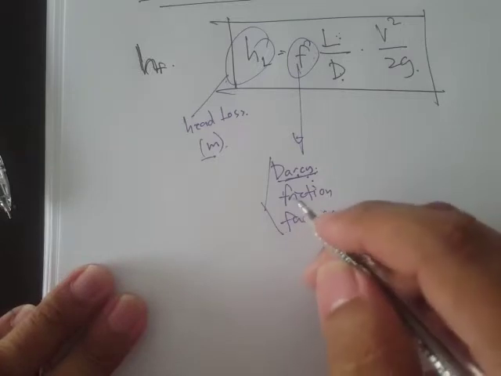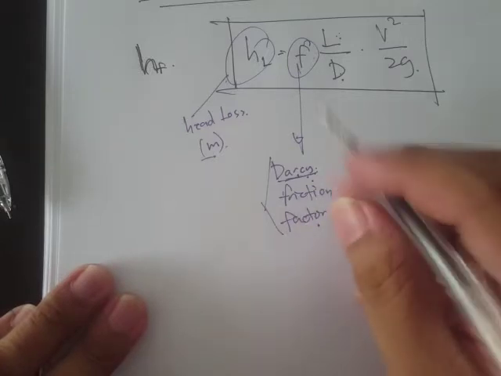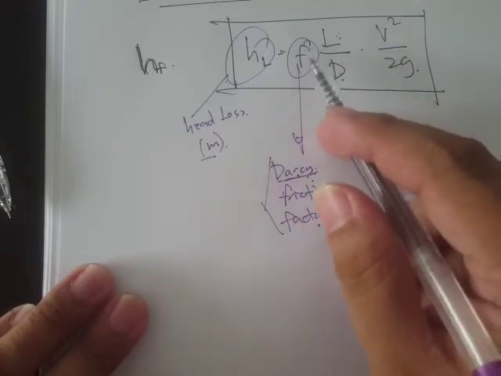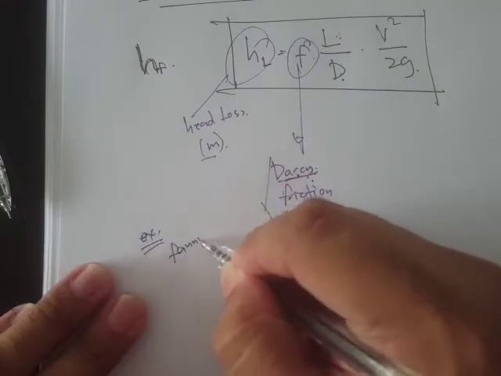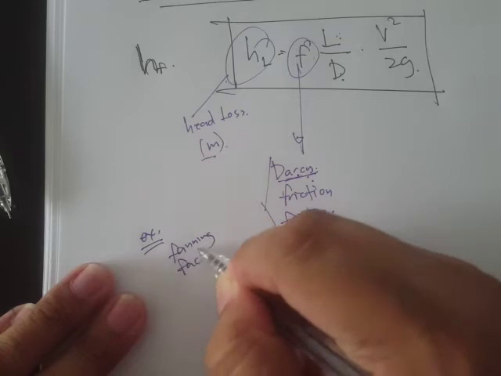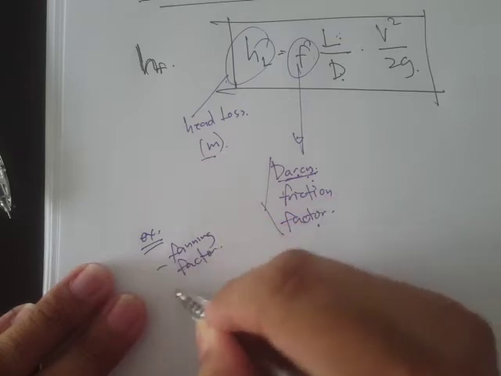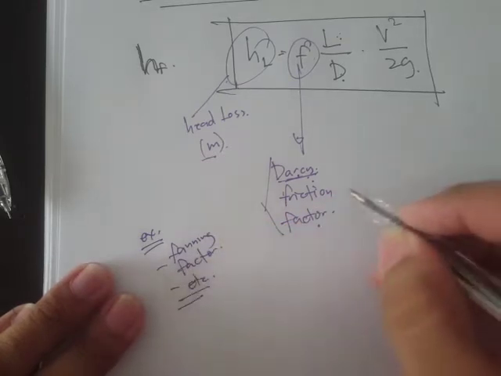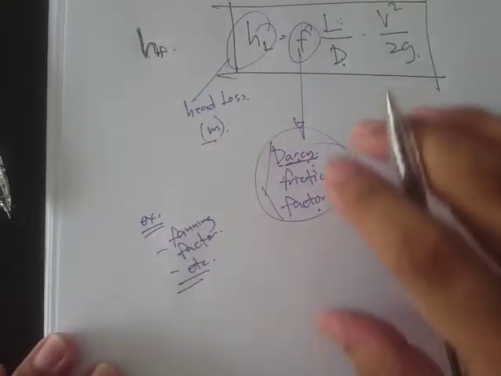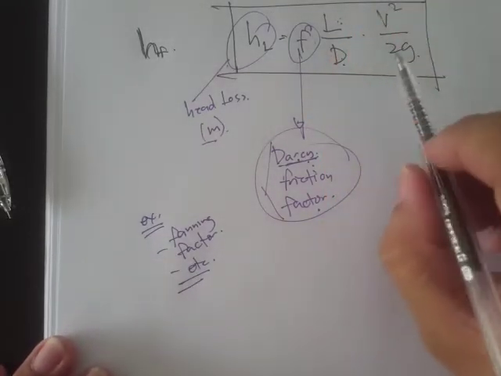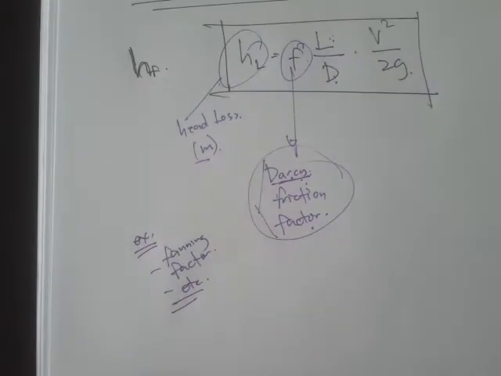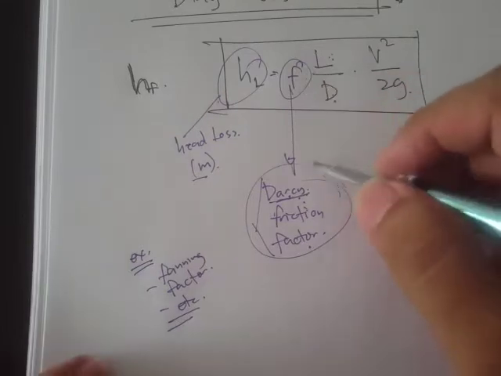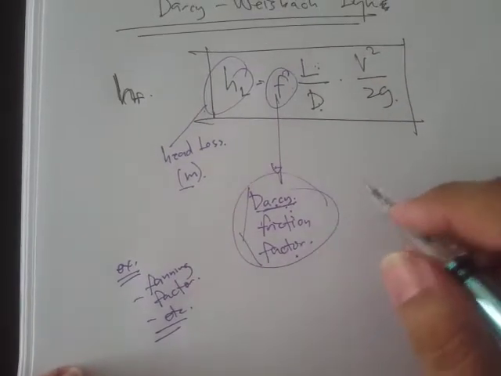Simply because there are many other friction factors that also use the letter f, like for example the Fanning factor, and probably many others. So just note that this f is the Darcy friction factor.